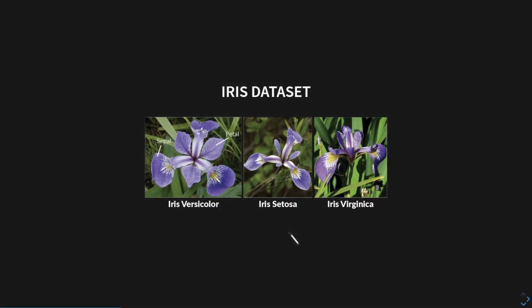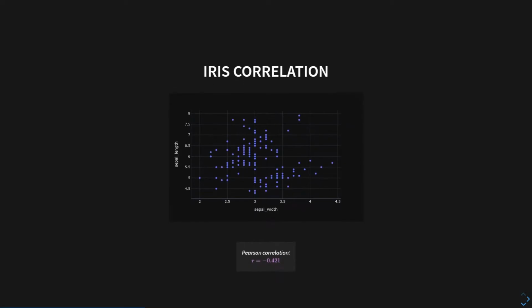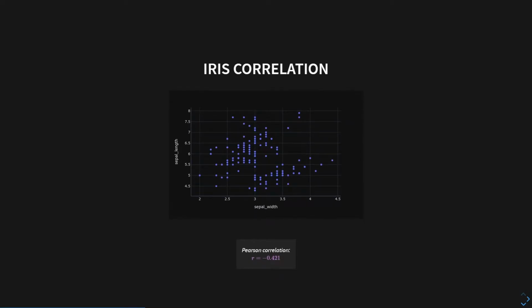Okay, now we'll have a width and a length, and through this we'd like to say which of the species of this particular flower this is. So we can plot essentially what the correlation is between these features, and then we can say something about any of these 2 features. For example, if we run the sepal length and the sepal width, you can see that it's fairly scattered, right?